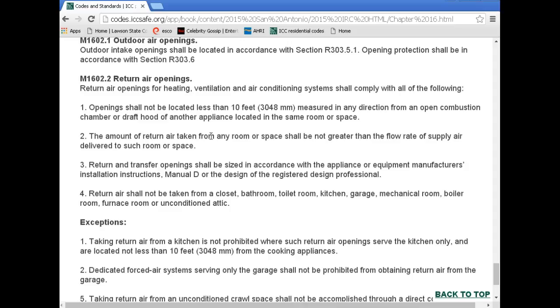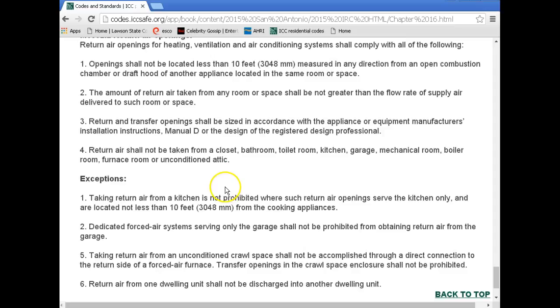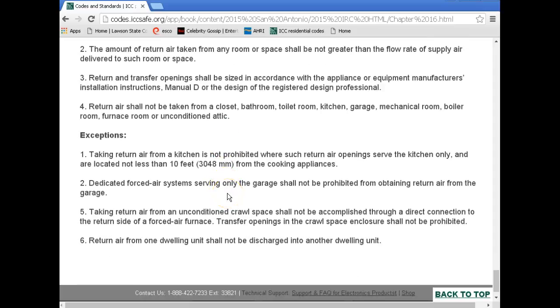You got a boiler room in your house, the furnace room, or any unconditioned attic. Let's look at our exceptions. Taking return air from a kitchen is not prohibited where such return air openings serve the kitchen only and are located not less than 10 feet from the cooking appliance. So somebody must have sued them and they said, no, you can do it here.